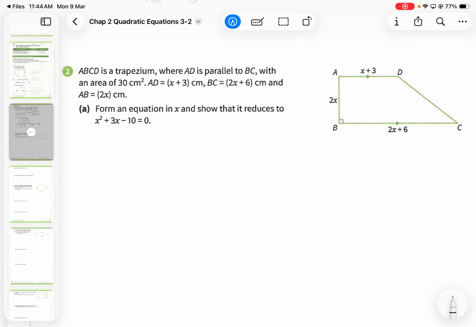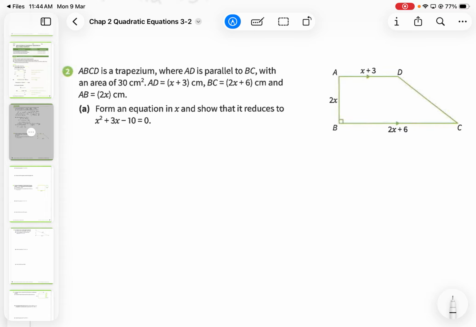find the area. Okay? So if I don't know the area is 30, I want to find area of this trapezium, I will take base times height. All your area is all base times height. Here the height is 2x. But my base, I got two different lengths.